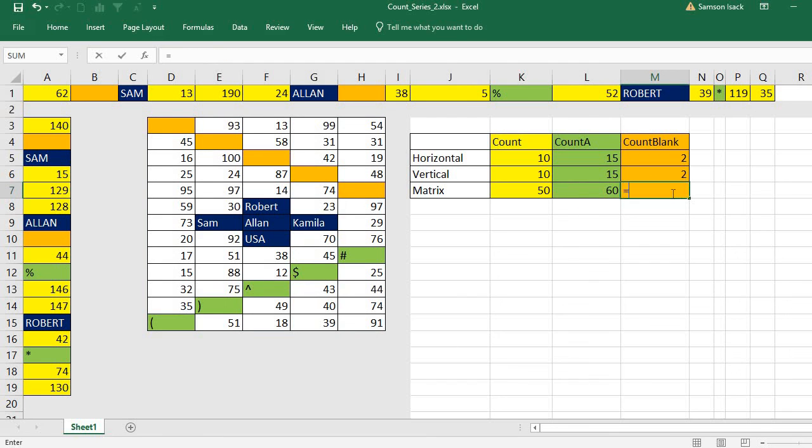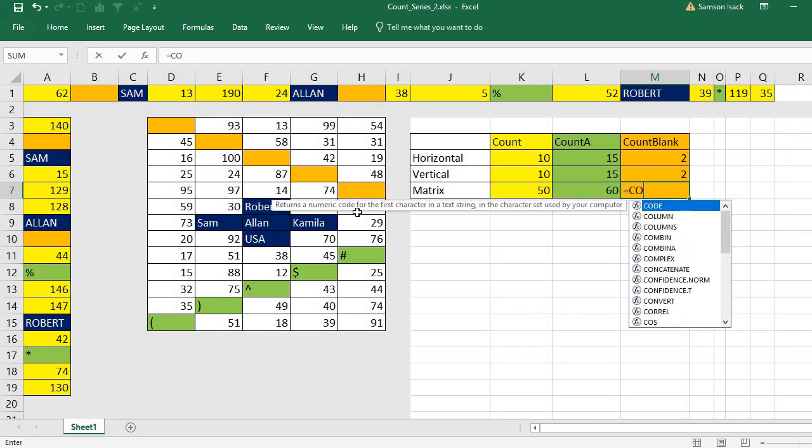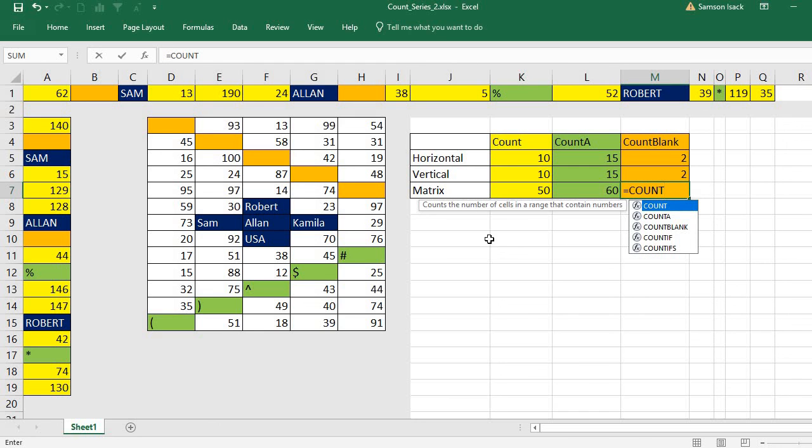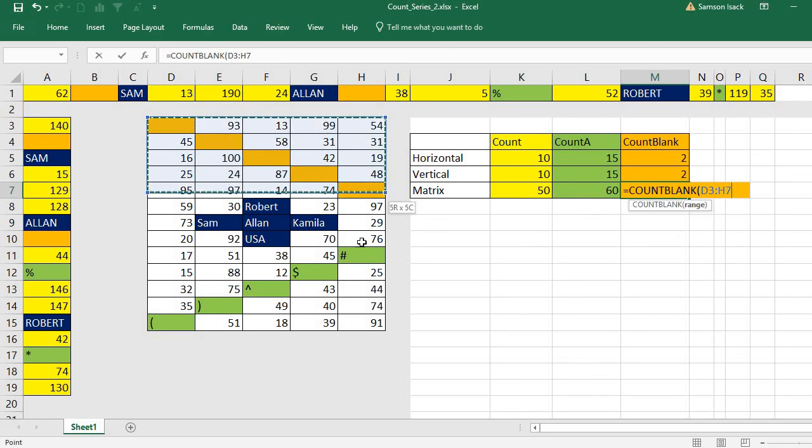Finally, CountBlank is 5. So these three functions are very useful: use Count to count only the numerical values, use CountA if you want both non-numerical and numerical, and CountBlank will give you only the blank cells.